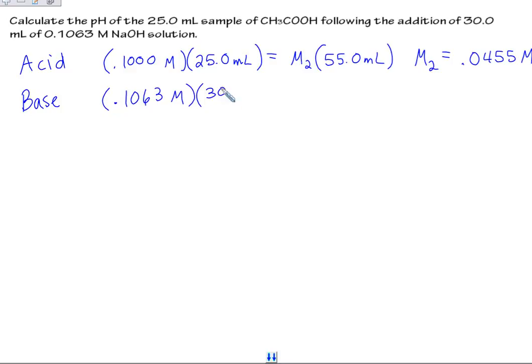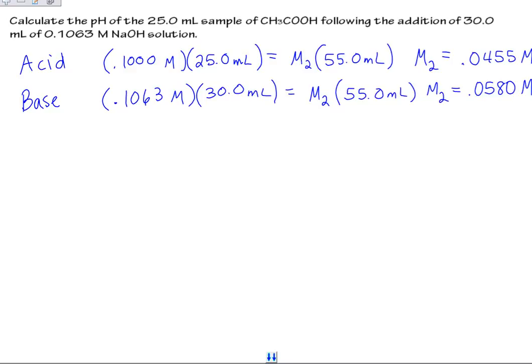Originally, we've got 30 milliliters. M2 is what I want to solve for at a final volume of 55 milliliters. Oh, let's see, 0.0580. That looks good enough. So again, they're the same molarities as the strong acid, strong base titration, but our ice table looks a little bit different.